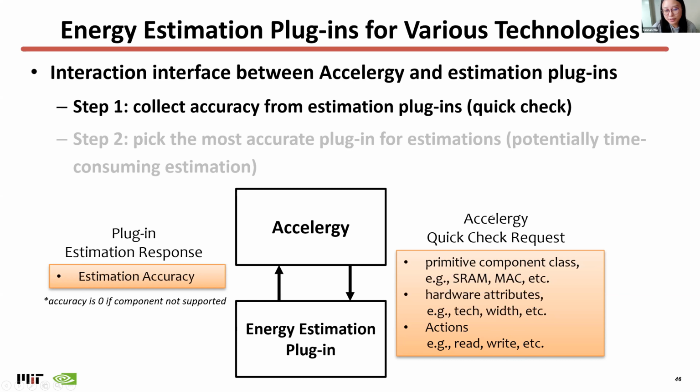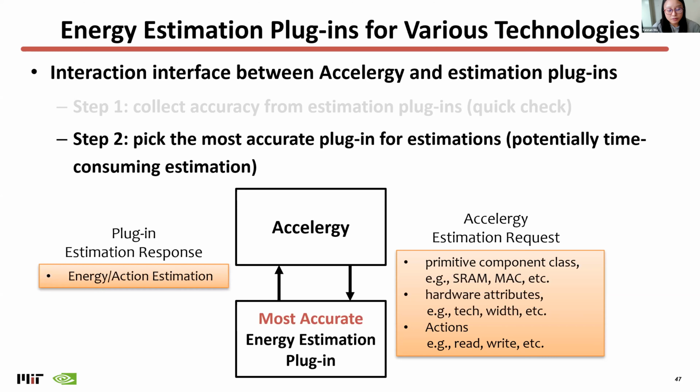And the request is basically, can you give me the energy consumption of a specific action for a specific component? And the energy estimation plugin will give a response in terms of the energy estimation accuracy for this specific request. Accelergy will do this for all of the energy estimation plugins it is able to identify. And notice that at this step, the plugins are not generating the estimation yet.